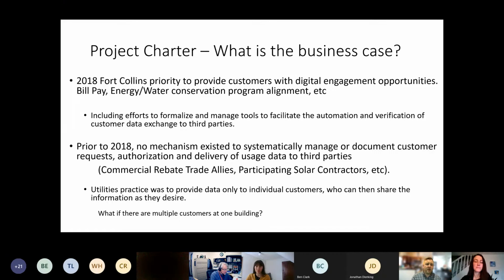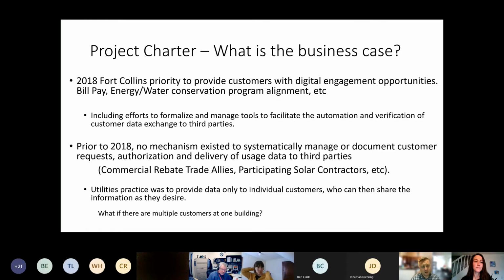So we start with our customer connections or our customer service priorities. And in 2017, 2018, we really set out as a utility to address more digital engagement. We're hearing digital engagement as being a need from our customers specifically. And so we're currently underway in updating our billing system to provide a little bit more digital access, web access, having more functionality for the customer.